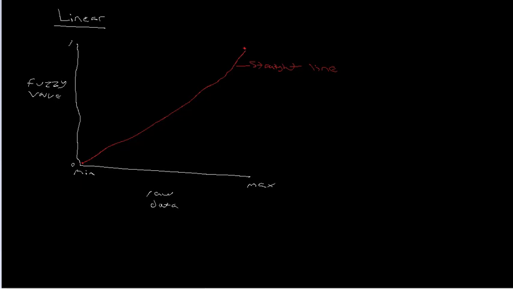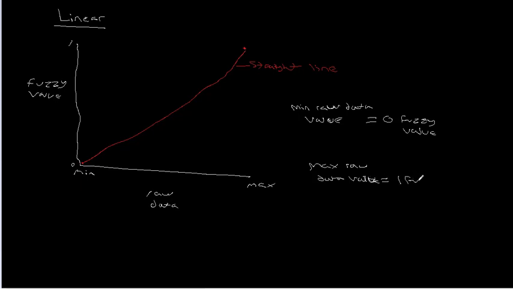So what does that mean? Well, this means a couple of things. First of all, our minimum value of the raw data is going to have a 0 fuzzy value. Our maximum value is going to have a 1 fuzzy value.